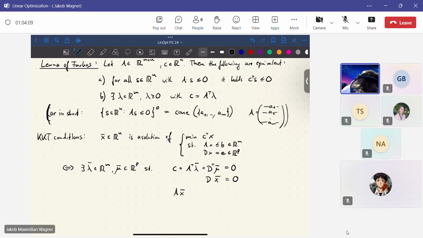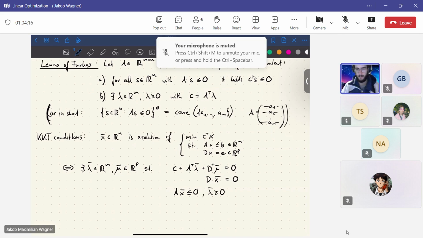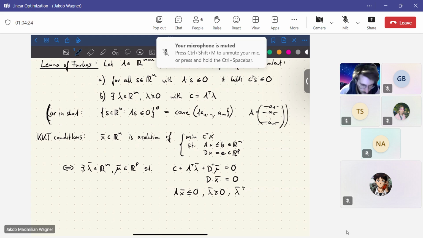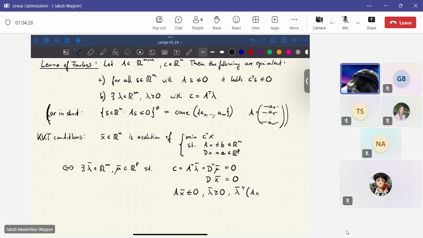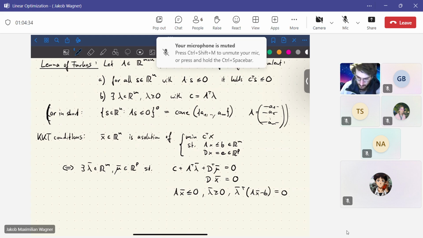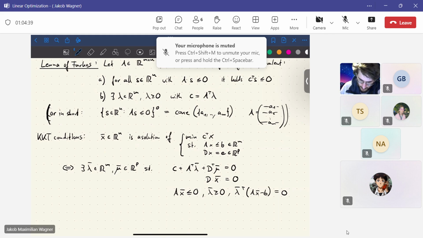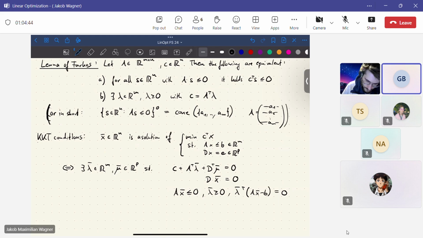We have A x bar less or equal to 0. The Lagrange multipliers for the inequality constraints should be non-negative. And we have that the product of the Lagrange multipliers with the residual of this inequality constraint should be equal to 0. These are the KKT conditions.